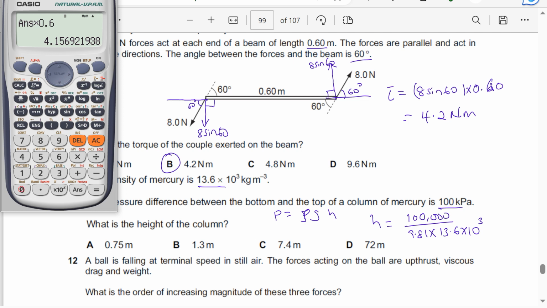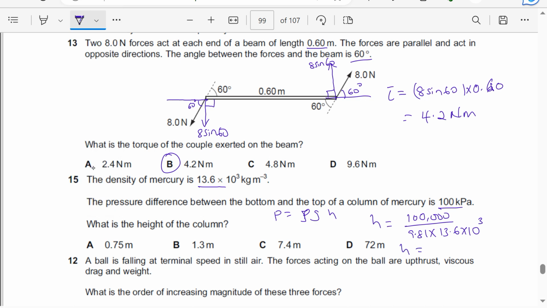So we have 100,000 divided by open brackets 9.81 times 13.6 times 10 power 3. So that is 0.75. So h is 0.75 meters. So the answer is A.